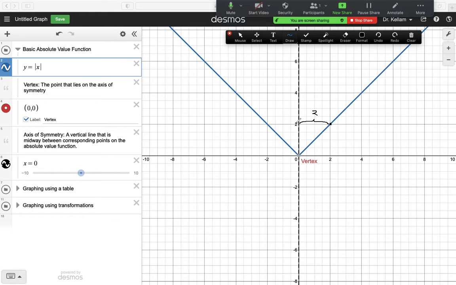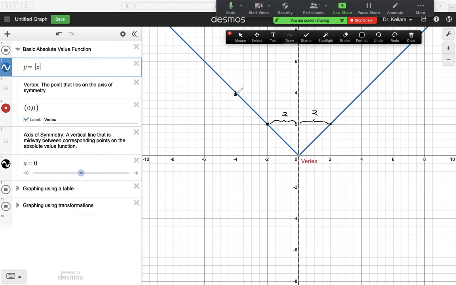So if I go a distance of 2 on the other side, I end up with a corresponding piece of that absolute value function. And this is true at every location.